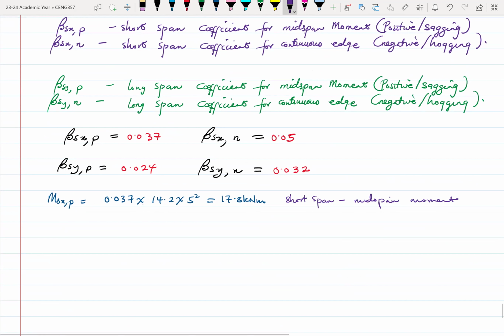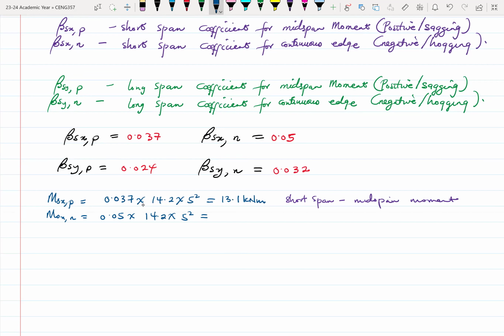All right, then let's look at our MSX negative. That'll be 0.05 times, again, 14.2 times 5 squared, and that should be, no, this is not 17.8, this should be 13.1, I believe.